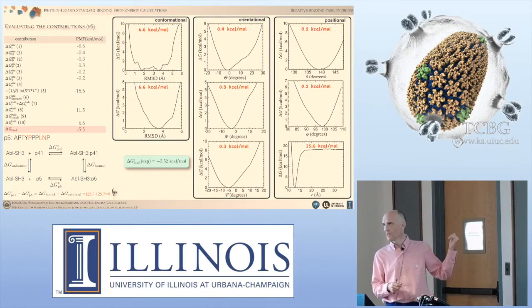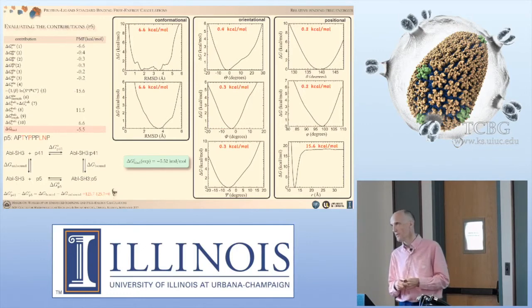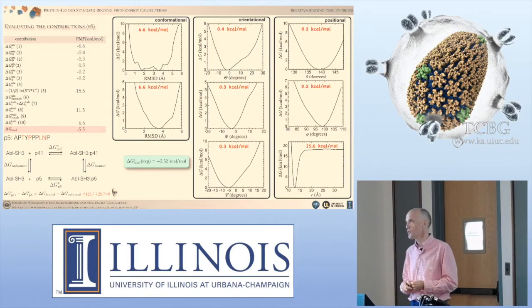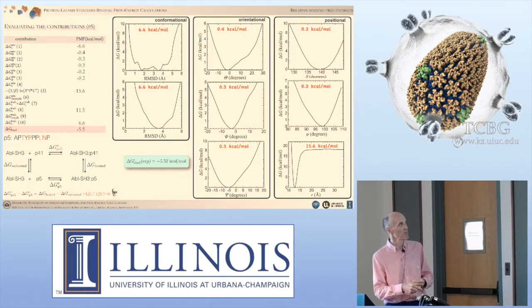And so you saw P41, which is one decapeptide. P5 is another decapeptide with a little bit of a different sequence. So compared to P41, we're changing 1, 2, 3, 4 amino acids. If you use the geometrical route, trying to get the standard binding free energy, you get minus 5.5.